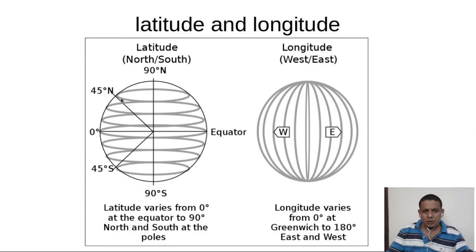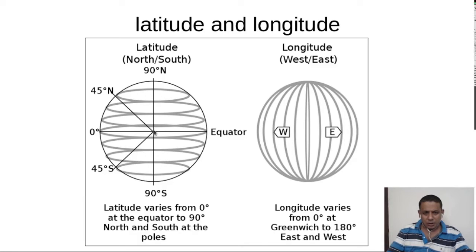Normally, the position of the satellite in space is specified by the latitude and longitude. Latitude means the distance or the angle traced from the equator to the north or to the south.